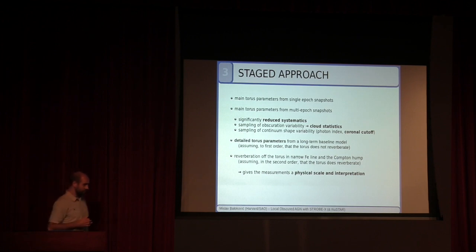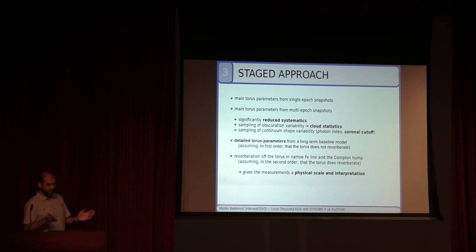Javier talked a little bit about the coronal cutoff. You could do pretty well on 30 or so brightest AGN, measuring the 100 keV cutoff and get the parameters of the corona. In a basic unified model, these obscured AGN are looked at from the side. So this is a different kind of measurement from type 1 AGN where you're looking from the top.